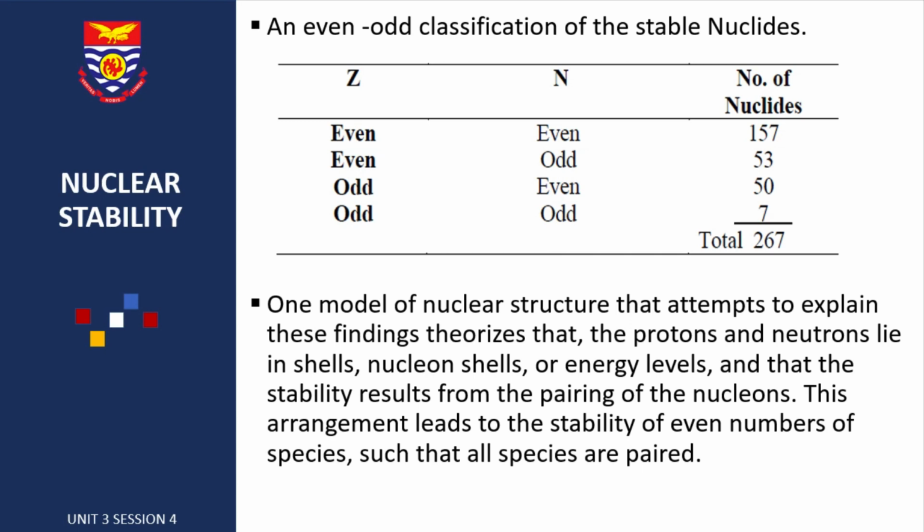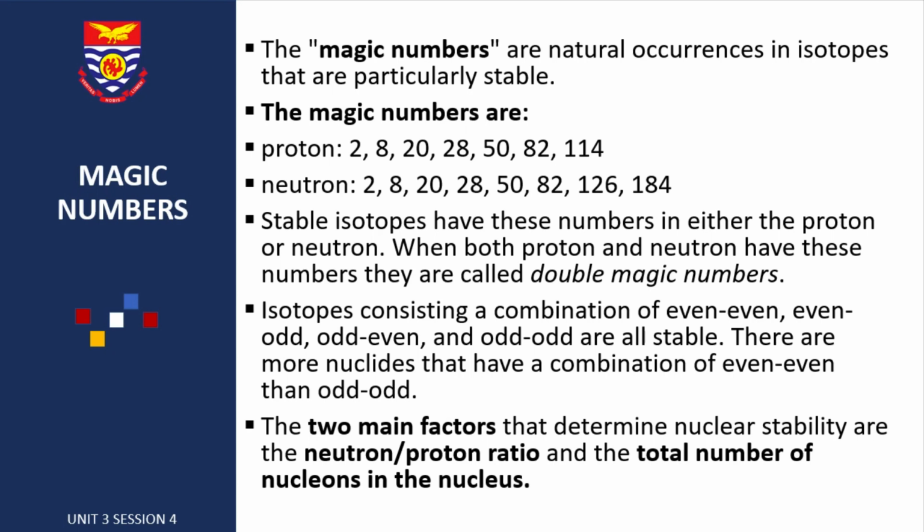This arrangement leads to the stability of even numbers of species, and because of that, all the species are paired. We shall be looking at magic numbers as pertaining to nuclear stability.